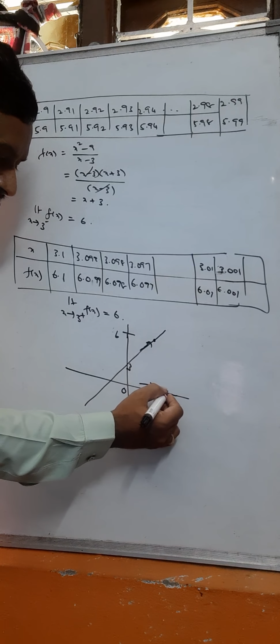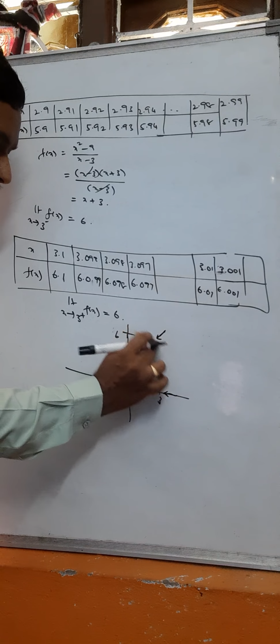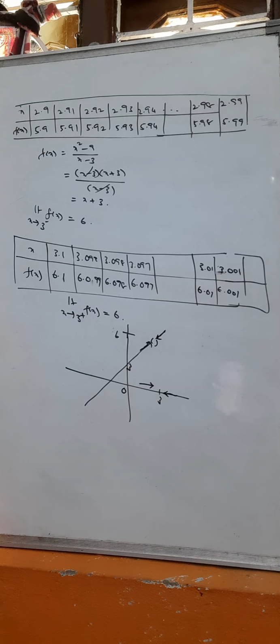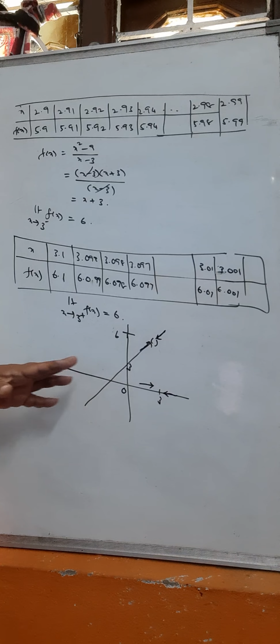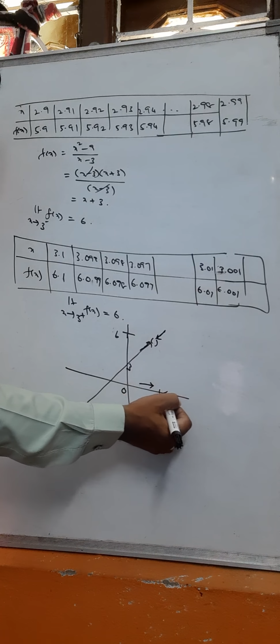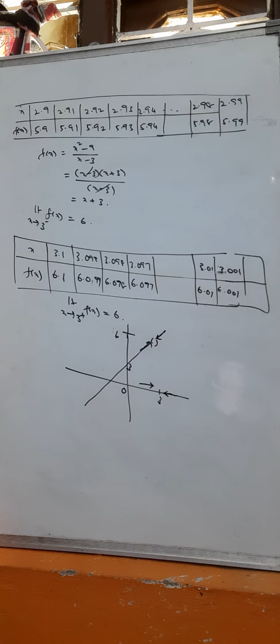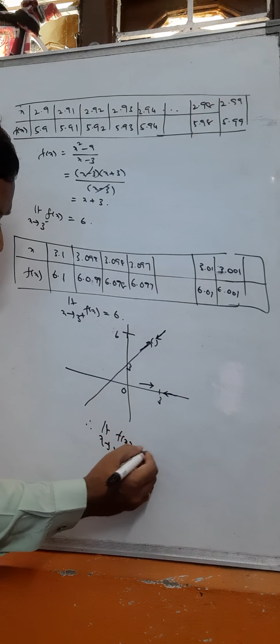When you are approaching from the right side, this value approaches 6 only. The point at 6 is not there because the function is not defined at exactly x equal to 3. But the function is defined for less than 3 and greater than 3. So whether it is 3 plus or 3 minus, the function gives the value 6. Therefore we can say that limit x tends to 3 of f of x equal to 6.